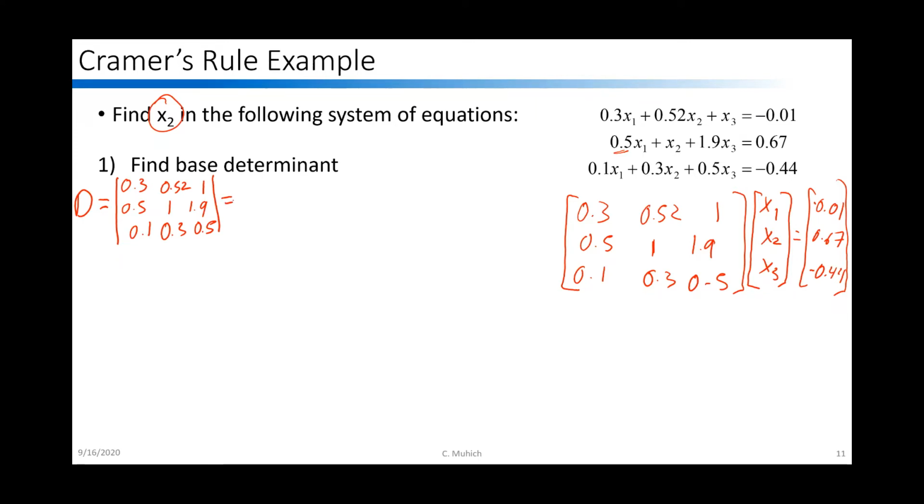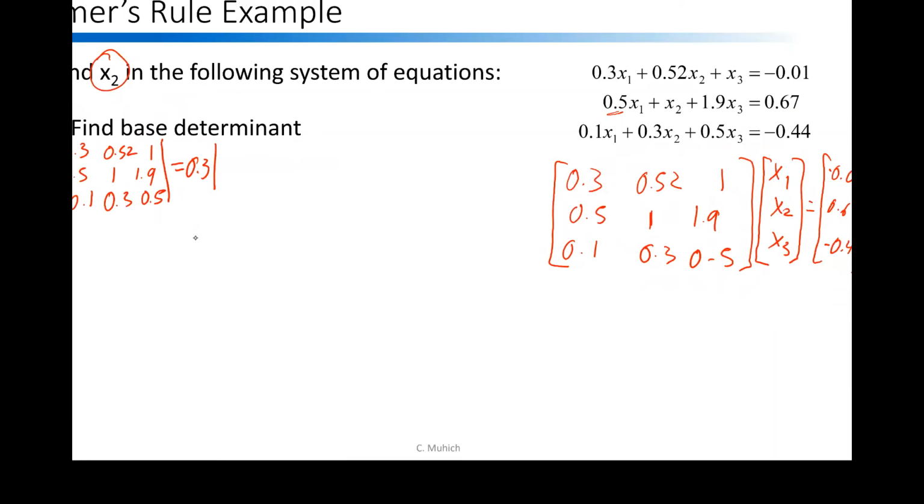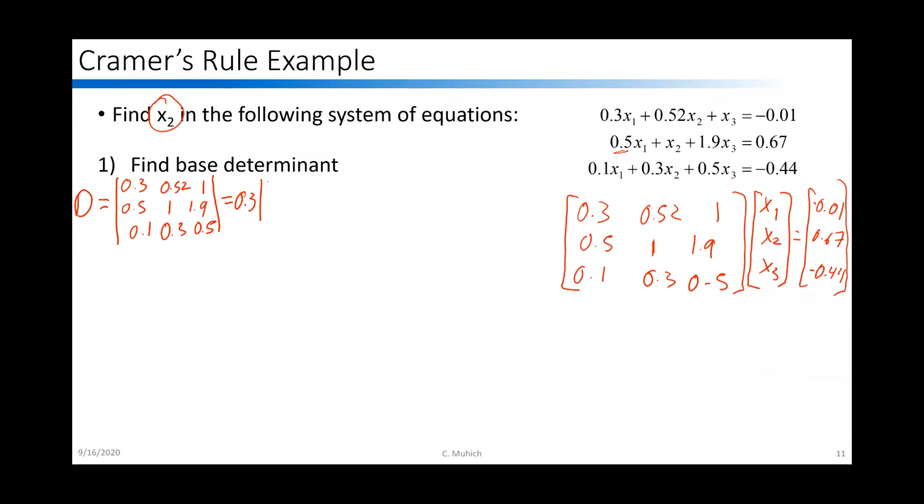Using that formula that we had a few slides ago, we take that element in A11, put that out front, 0.3, and multiply that by the determinant of what's sitting in the lower right-hand corner. So the determinant of 1, 1.9, 0.3, 0.5.